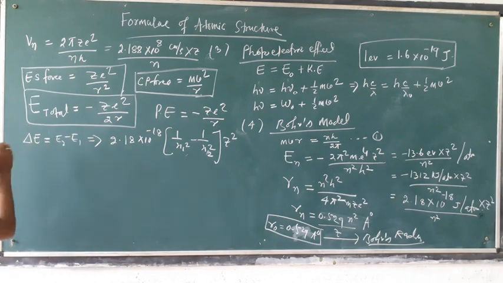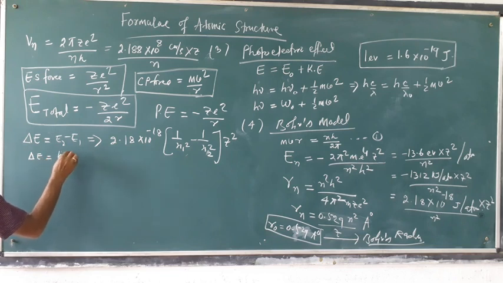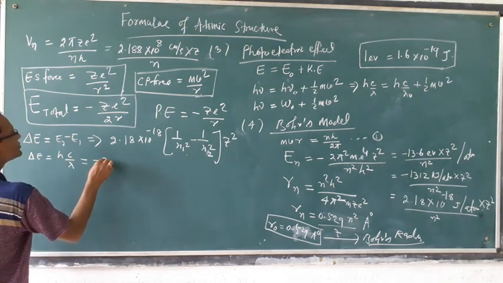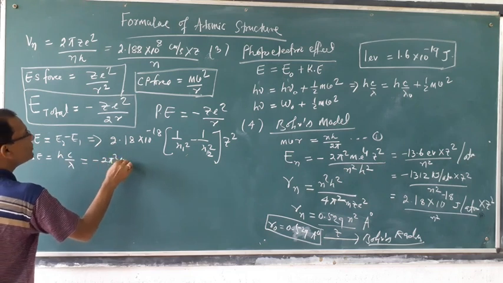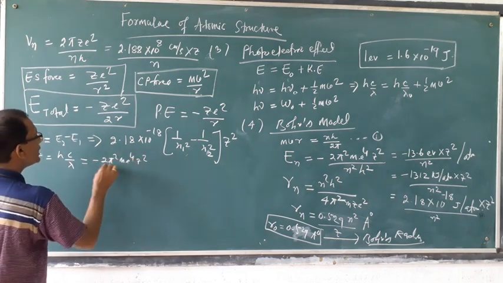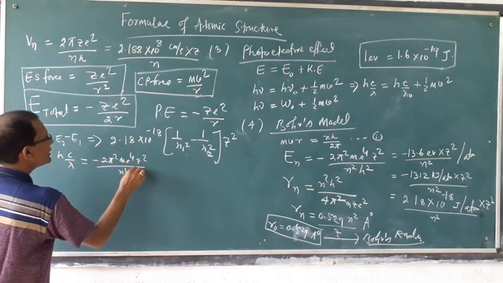Del E is equal to hc by lambda, which is equal to minus 2 pi square me4 Z square by n square h square.